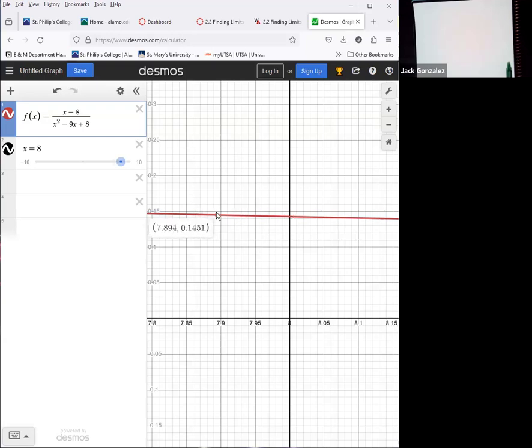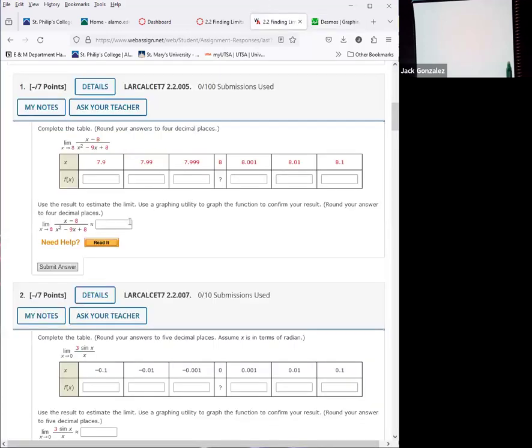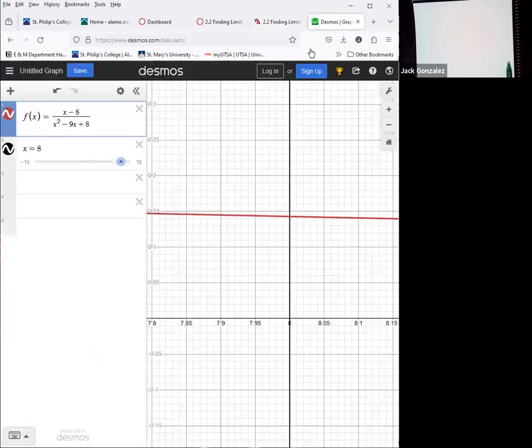On the left side, it's going to 0.1429-ish. So since they're the same on both sides, the limit will exist. It's going to be 0.14, whatever we said. I don't remember, 29, I think.